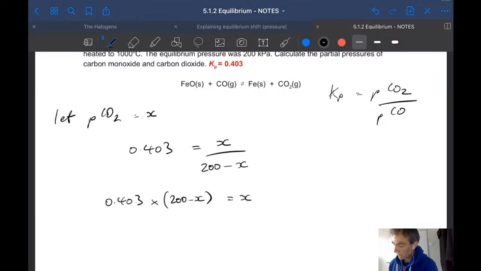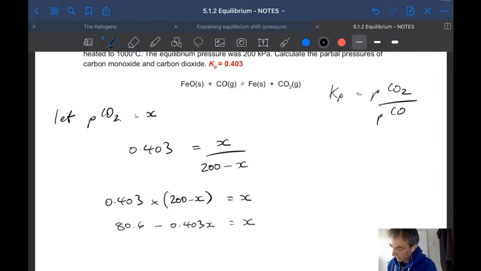So the chemistry is over now, it's just maths now. So all I've done there is taken that up to there, multiplied them. So we're getting 80.6 minus 0.403 X equals X. Good old GCSE maths.